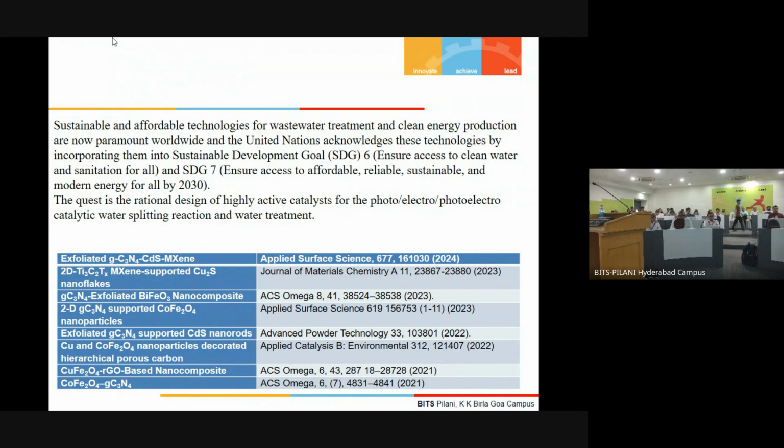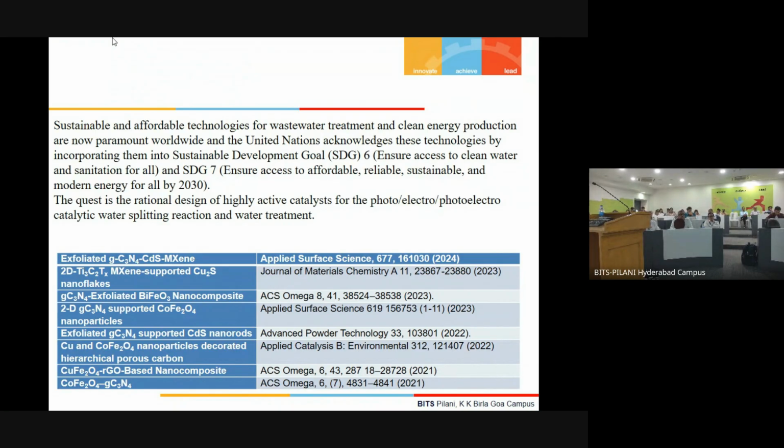Some of the materials we are developing are useful for photocatalysis, some for electrocatalysis, and some for photoelectrocatalysis.